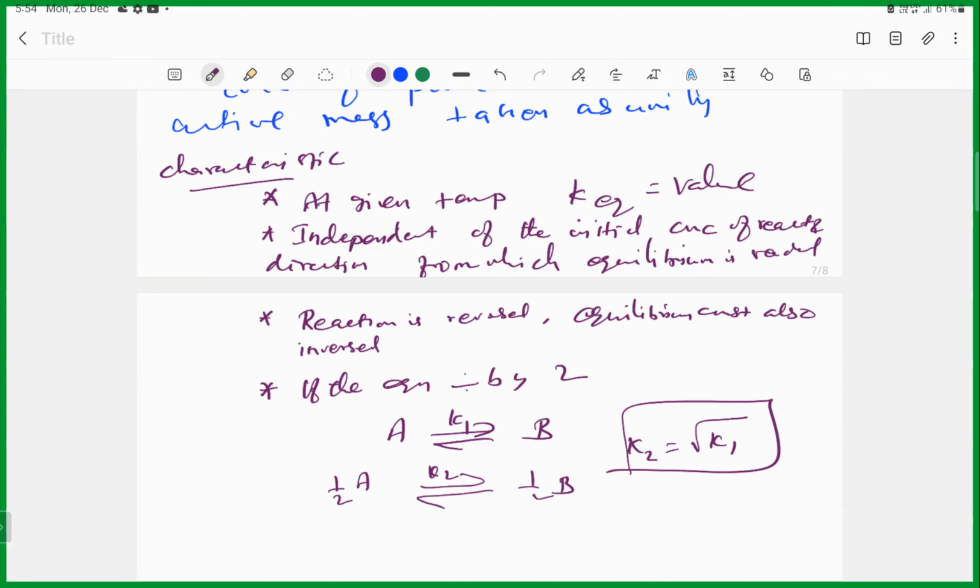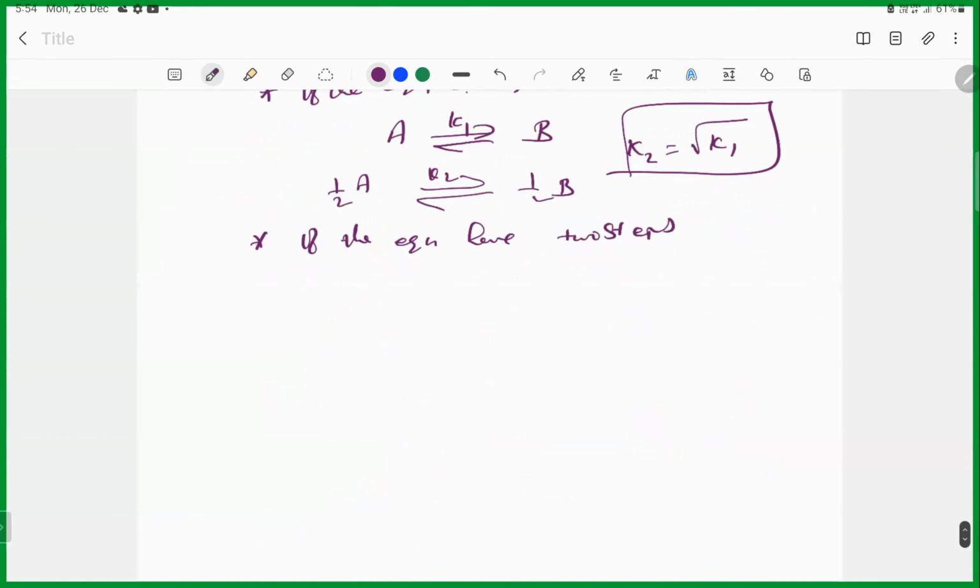Suppose the equation has two steps, that means A gives B, then it gives product.